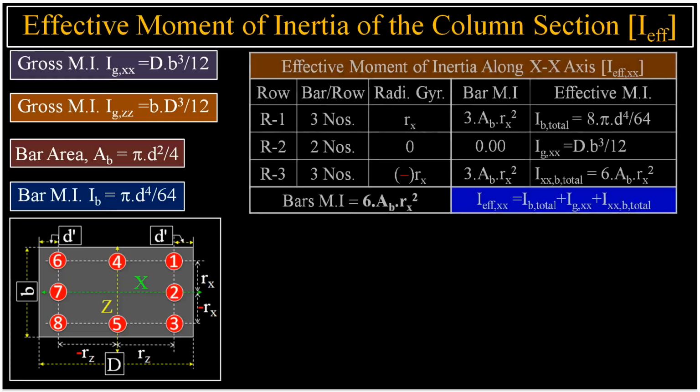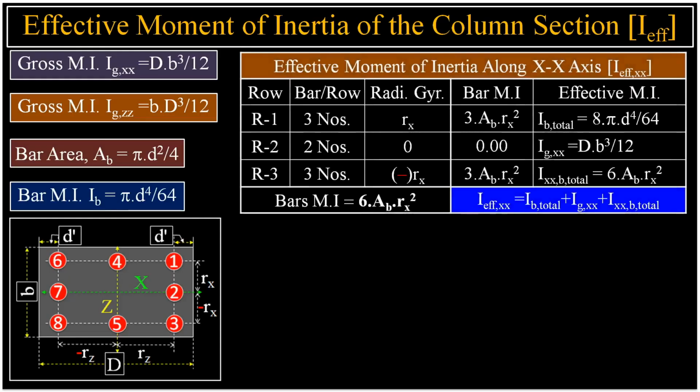Effective moment of inertia along x-axis. Now we analyze the table for the effective moment of inertia along the x-axis, IEFFXX. Row R1: this row contains 3 bars.